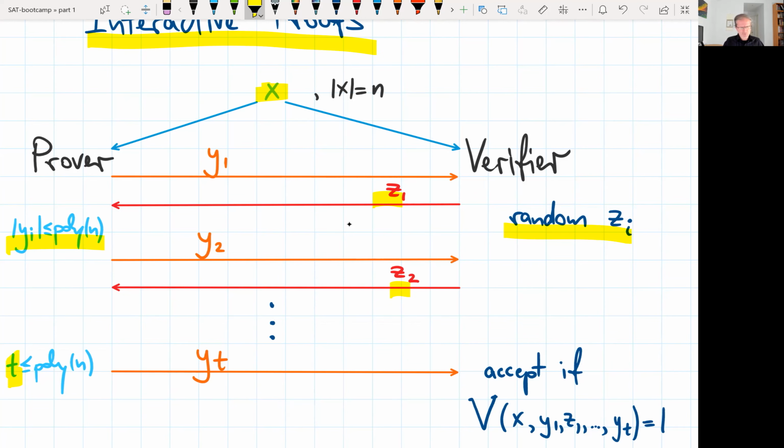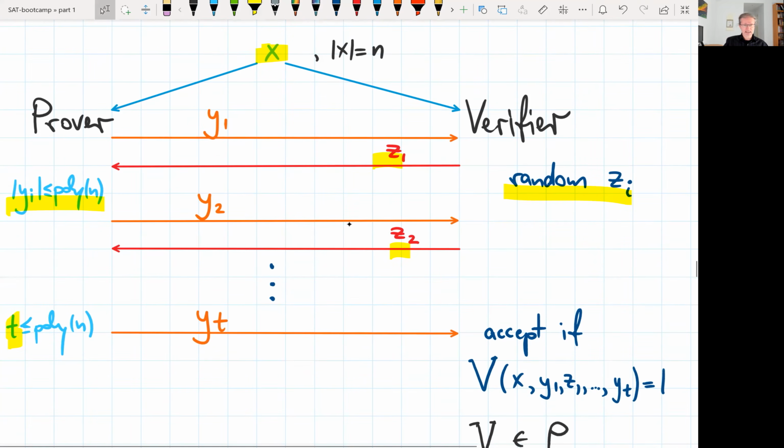So you have an exchange. Prover sends some Y1. The verifier challenges by sending random bit string Z1. The prover replies by sending some message Y2. The verifier challenges again. And after polynomially many rounds, the verifier looks at the whole transcript of the computation, all the messages being exchanged, and must make a decision to accept or reject.